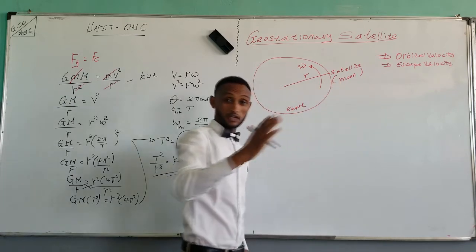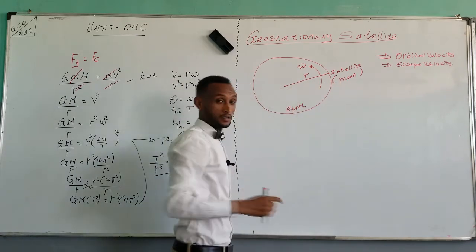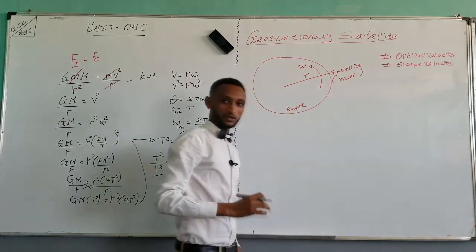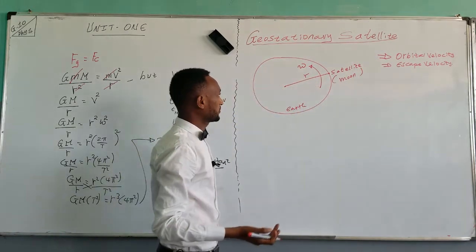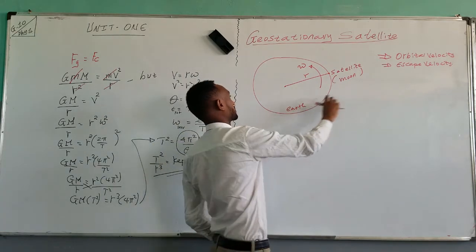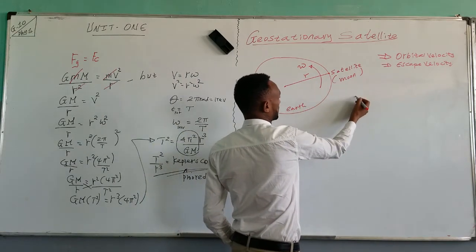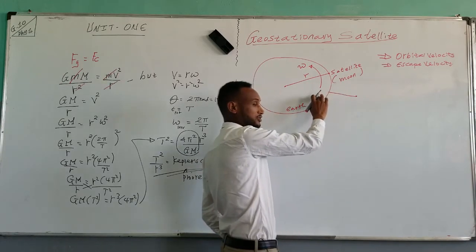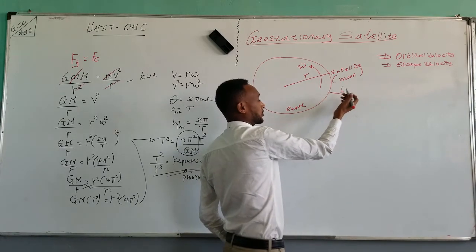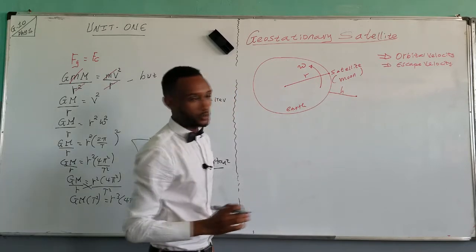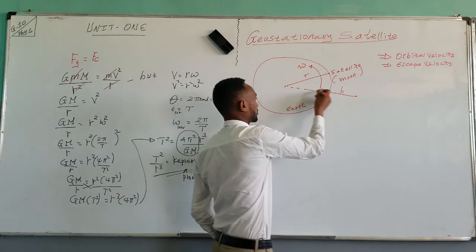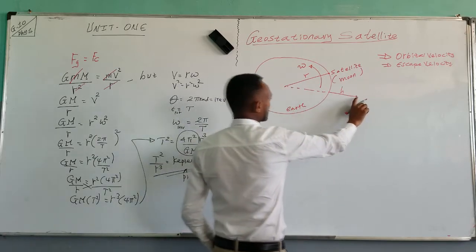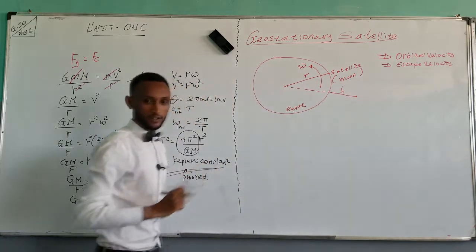If it is at the radius of the Earth, you take the radius of the Earth. But if it is above the Earth's surface, you take the distance between the Earth and the satellite. If the satellite is above the radius of the Earth by some distance, you take the total distance between the satellite and the Earth.